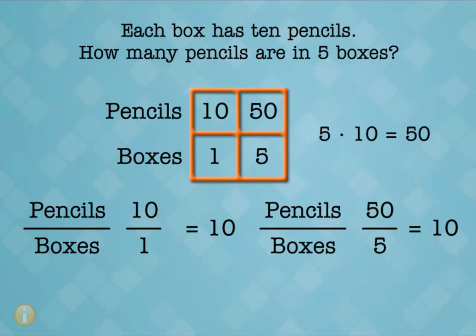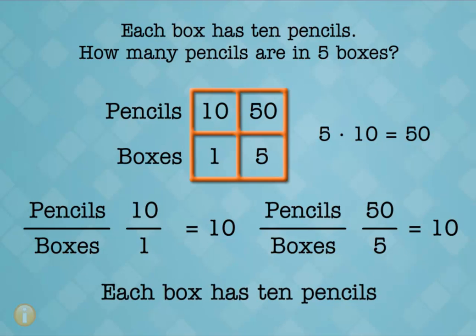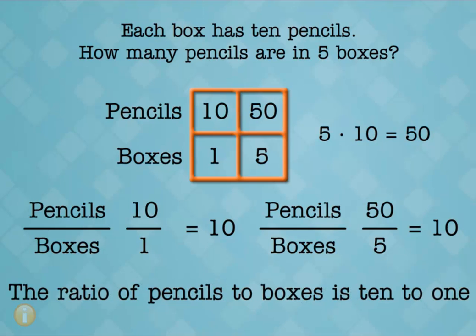You already know that when we use division to compare numbers, you can describe this situation like this. Each box has 10 pencils. This is one way to describe a ratio. Another way to describe the ratio is to say, the ratio of pencils to boxes is 10 to 1. This sounds more formal, but it means exactly the same thing. We can also write ratios in different ways. The most common is the way we've written it here.